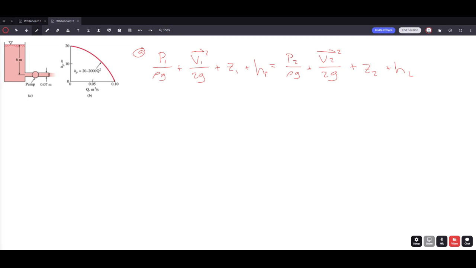So in this problem, I'm just going to make point 1 here and point 2 here, the exit.